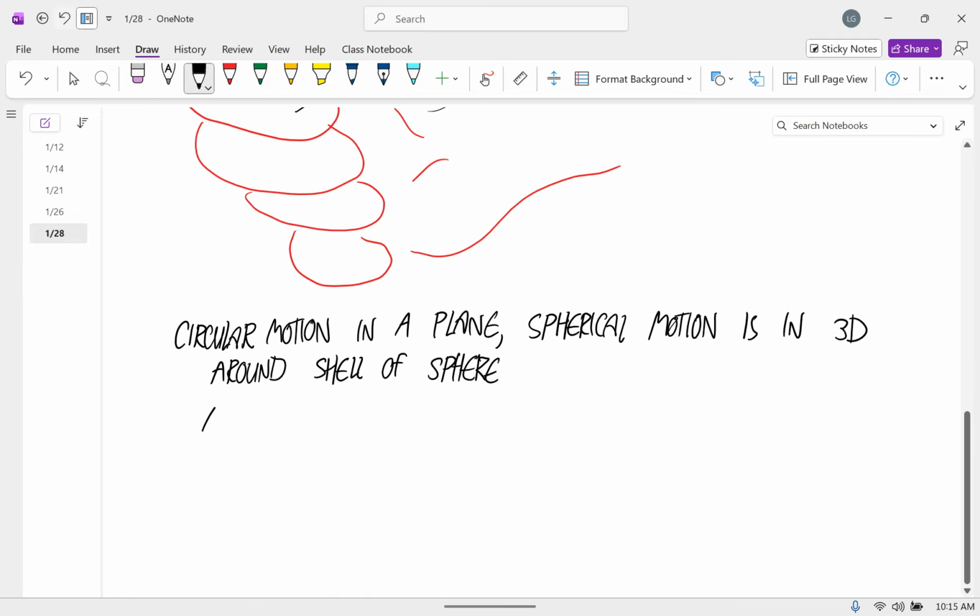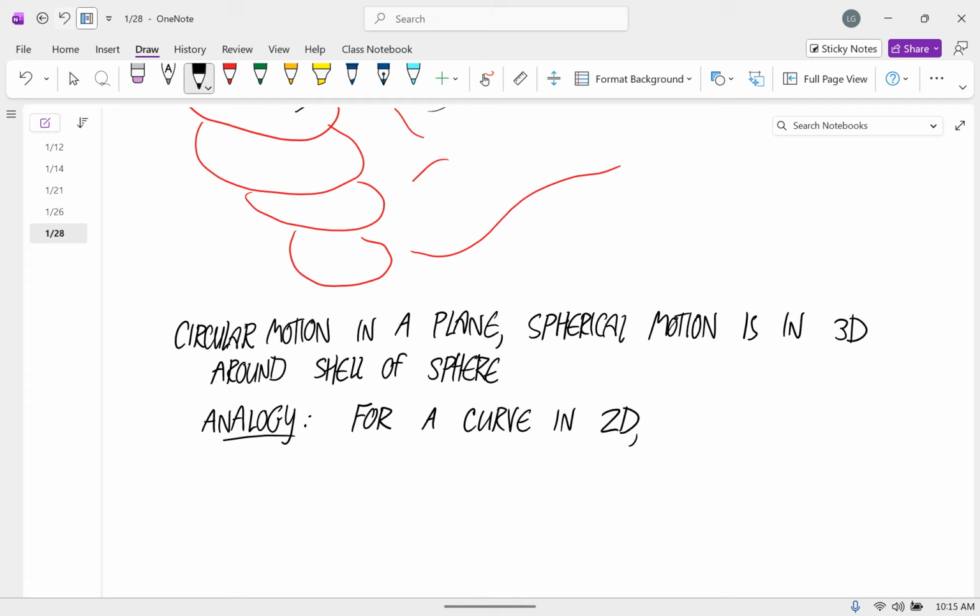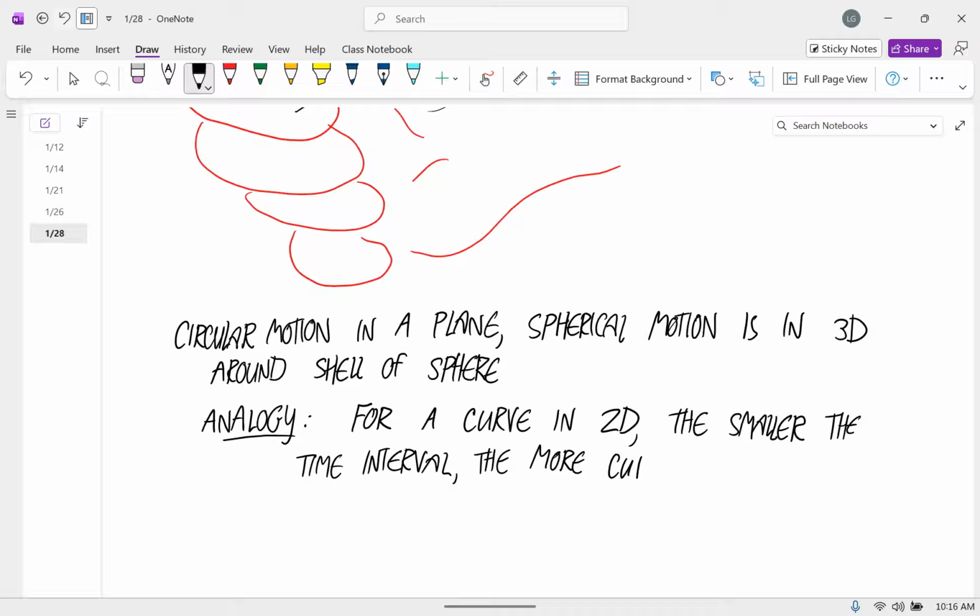Okay, well, as an analogy of how to think about this, for a curve in 2D, the smaller the time interval, the more that curve resembles a line.